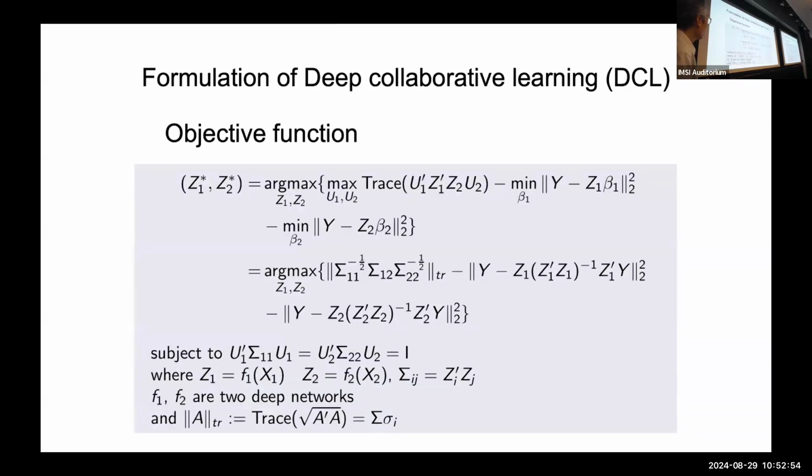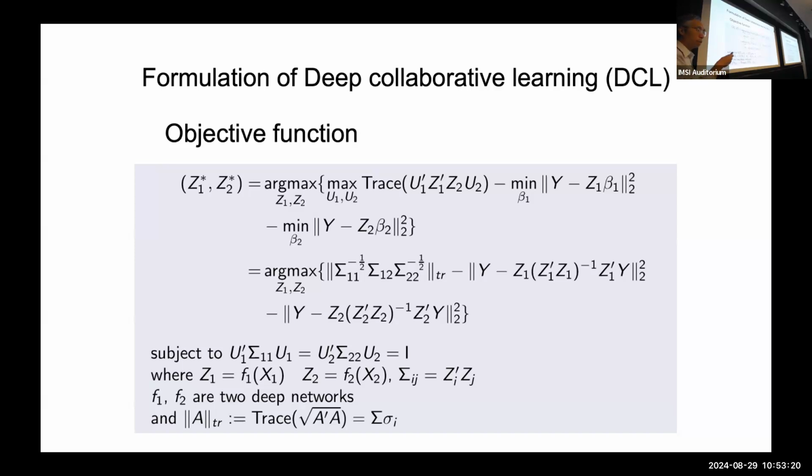We can use the following objective function to formulate our deep collaborative learning model. The first term is the data fitting term, and the correlation term considers the interactions between the two types of data after projecting using the multi-layer neural network.